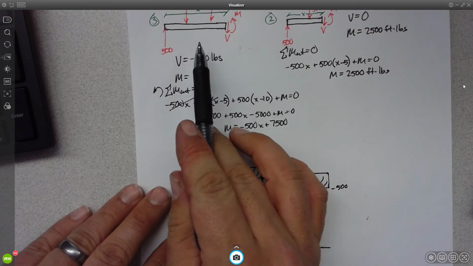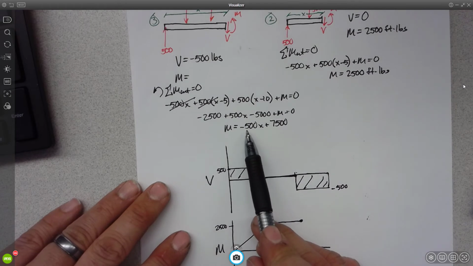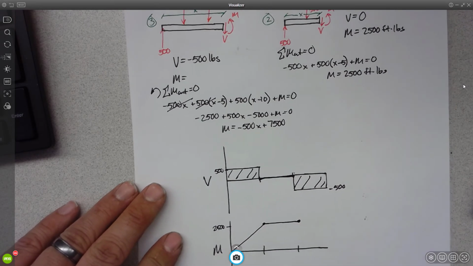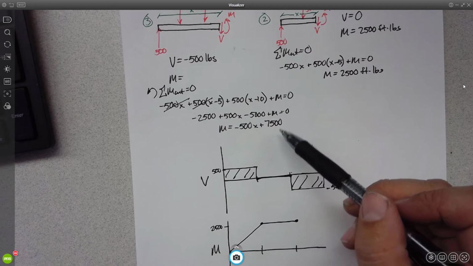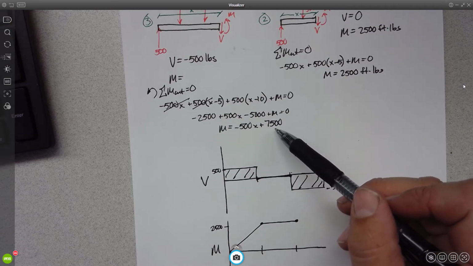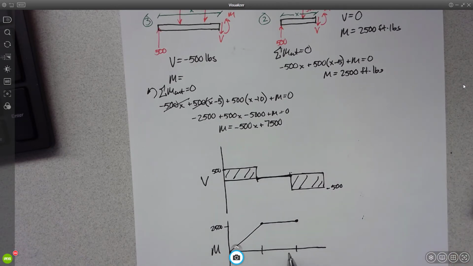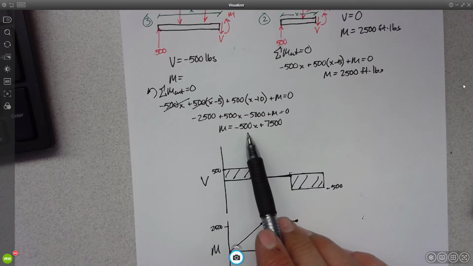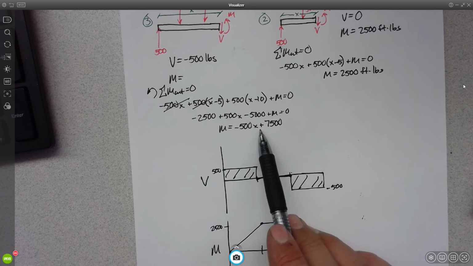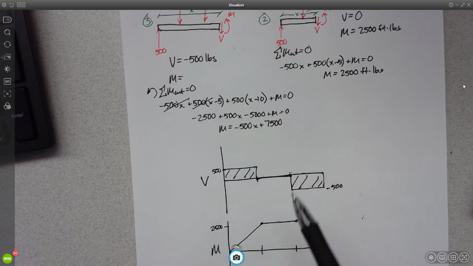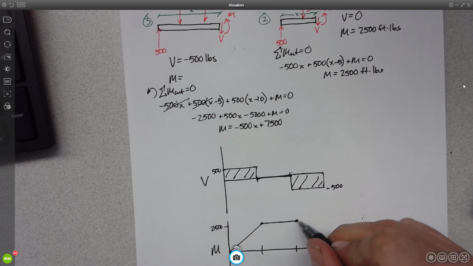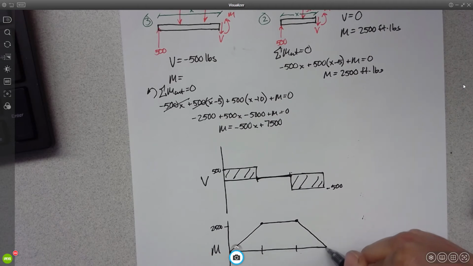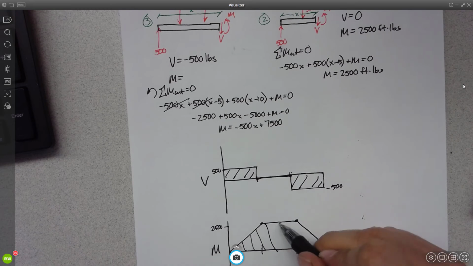And in the third region, it's a slope of negative 500. And if we wanted to make sure that we start at 7,500, we could realize we're 10 across. So 10 times negative 500 would be negative 5,000 plus 7,500 would give me 2,500. So indeed, I come back down and I go to 0.